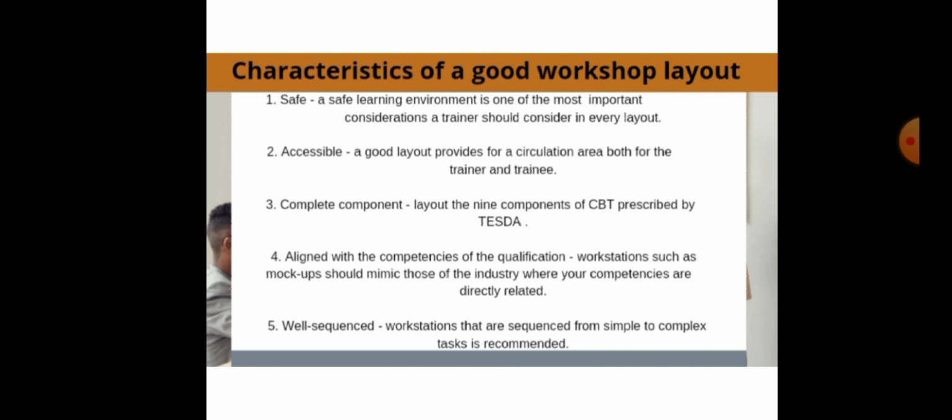And the fourth one is aligned with the competencies of the qualifications. Workstations such as mock-ups should mimic those of the industry where competencies are directly related. Each competency should have at least one workstation for you to be able to do the CBT.